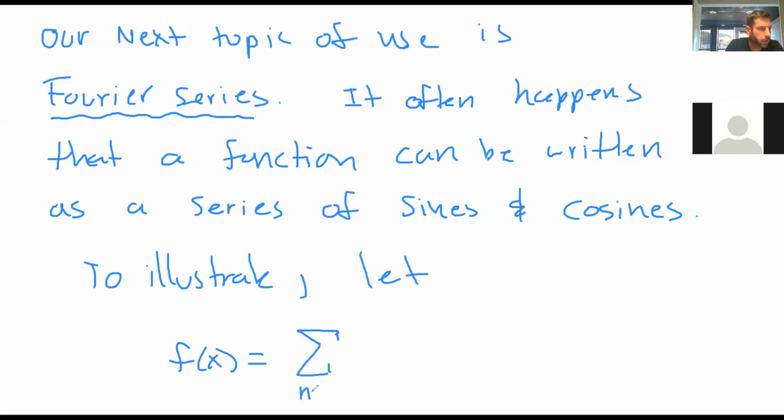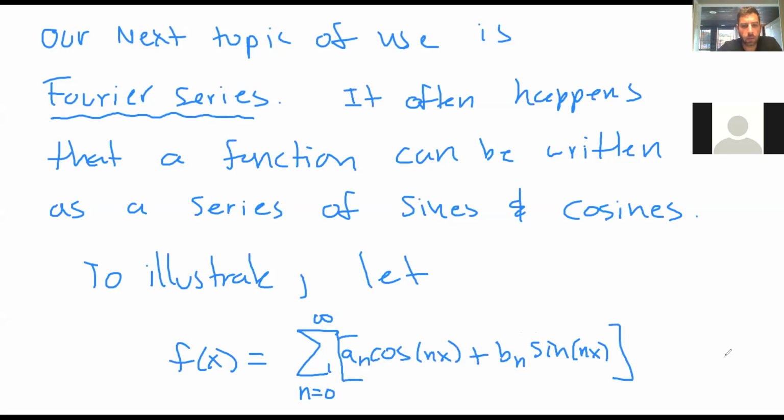Let's suppose we say it is the sum from n equals 0 to infinity of some number a sub n times the cosine of nx plus some other number we'll call b sub n right now times the sine of nx. Now, right now you might be saying, where's he getting these from? Stuff like that. And that's okay.